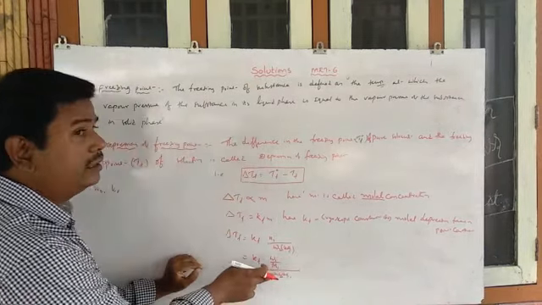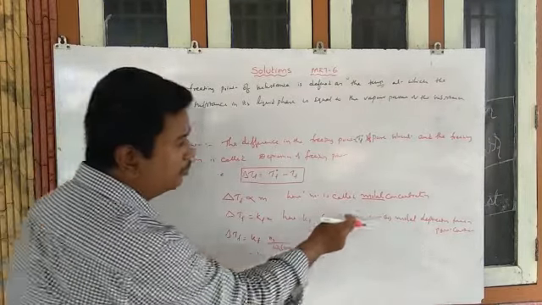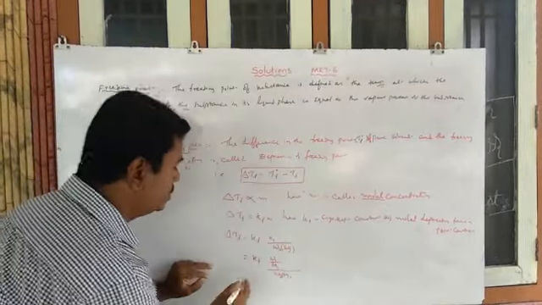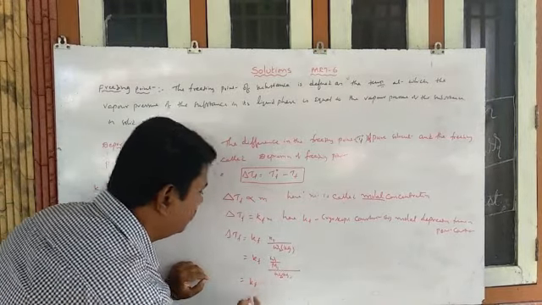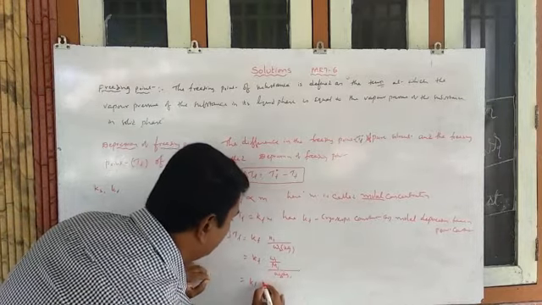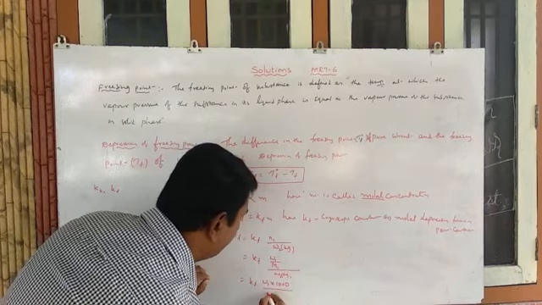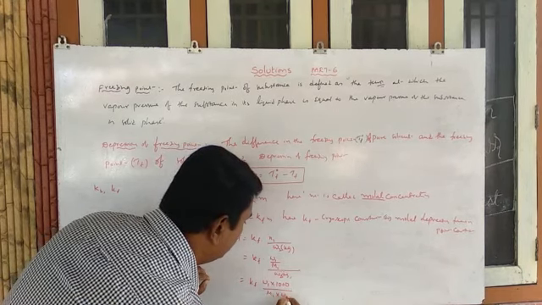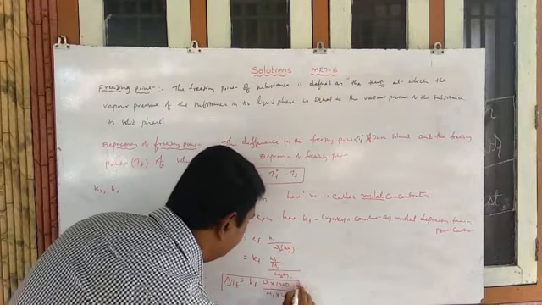W2 means the weight of solvent in kilograms, because it is in molal concentration. So the equation is written as Kf equal to, if it is in grams, W1 into 1000 by M1 into W2, where delta Tf equal to that.